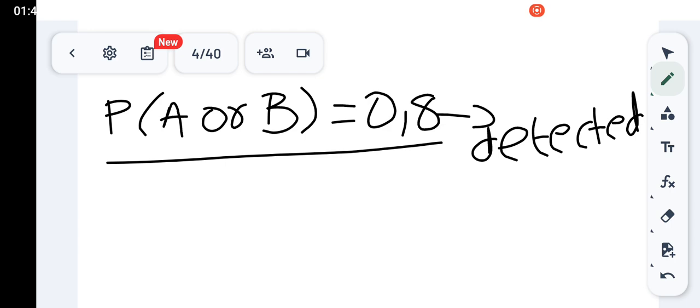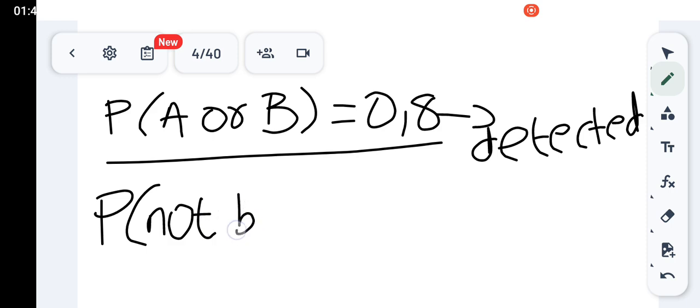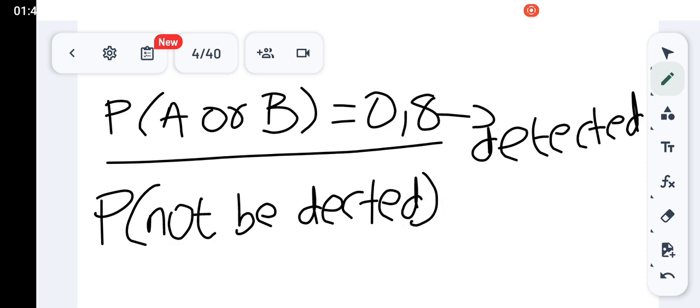Remember, probability ranges from 0 to 1. So it means probability cannot be less than 0. It cannot be greater than 1. So to calculate the probability that the trespasser will not be detected, we will simply say 1 minus 0.8.